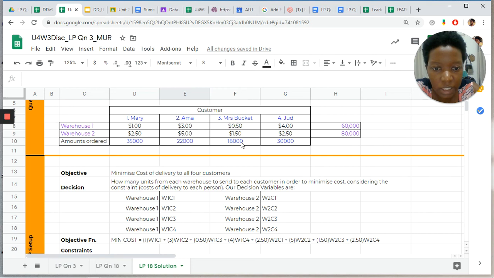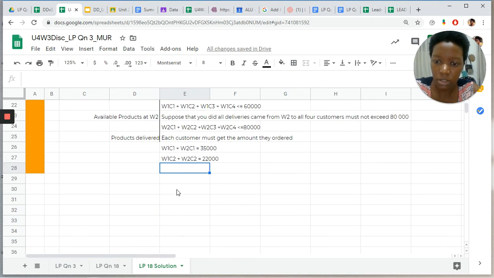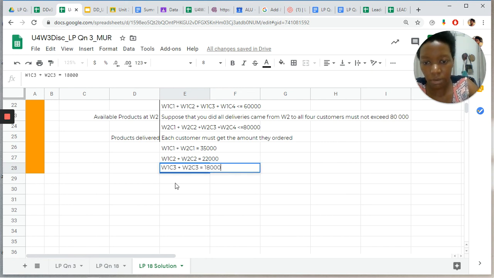Mrs. Bucket ordered 18,000. Jude ordered 30,000. So warehouse 1 to customer 3 plus warehouse 2 to customer 3 is equal to 18,000 for Mrs. Bucket.